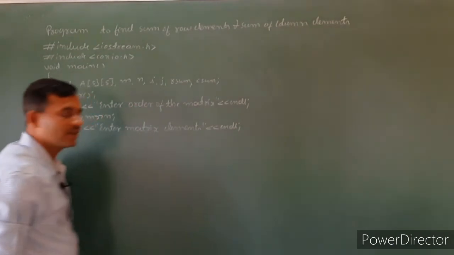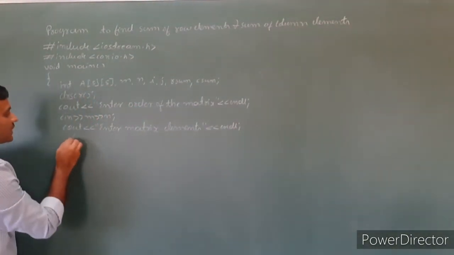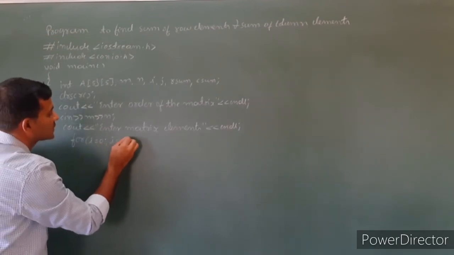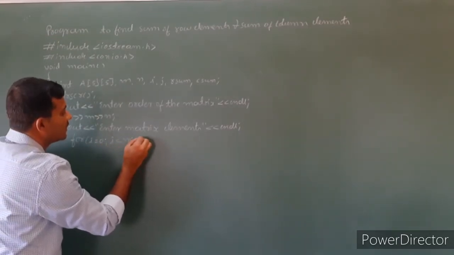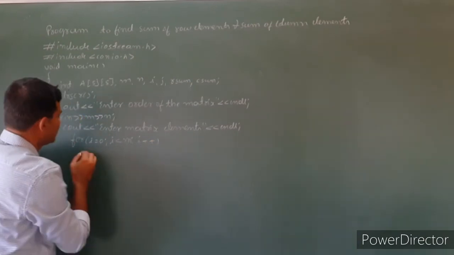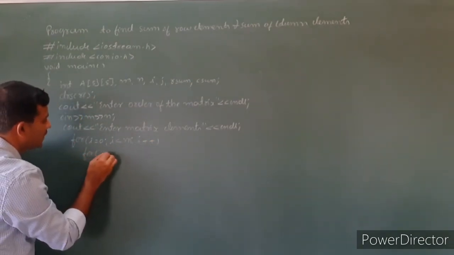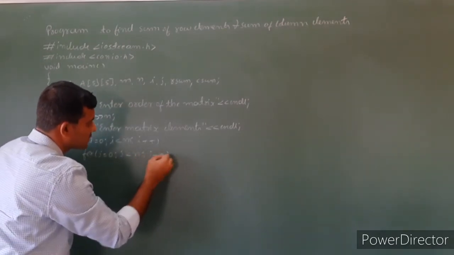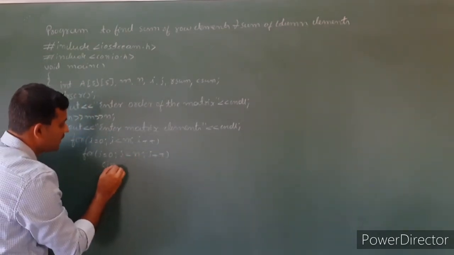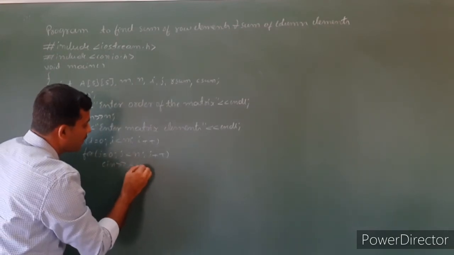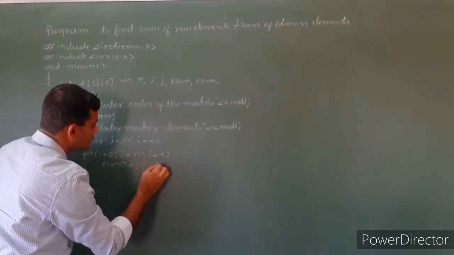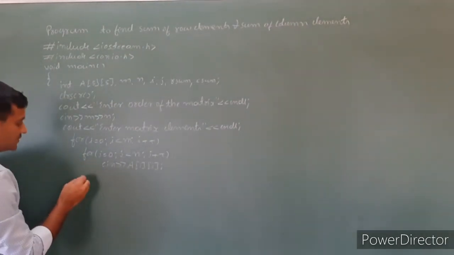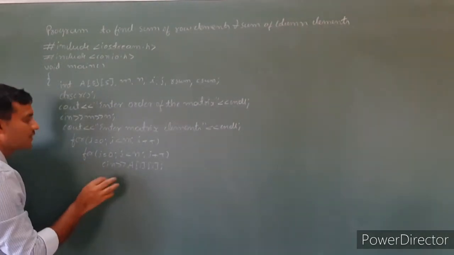To read the matrix elements, for i equals 0, i less than m, i plus plus, for j equals 0, j less than n, j plus plus, cin extraction a of i j. Then we have to find the row sum.